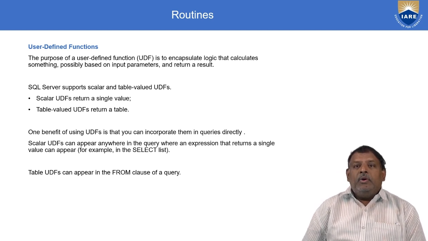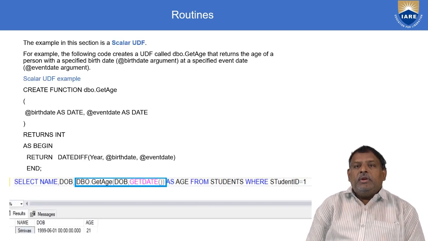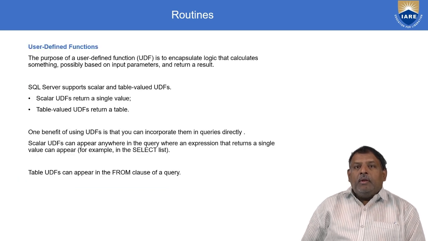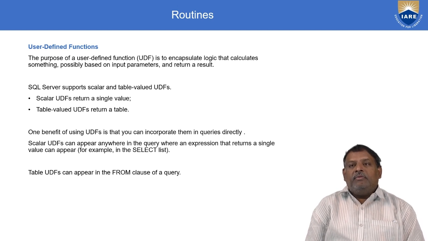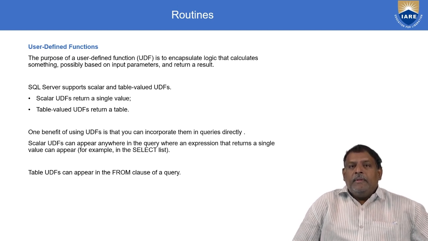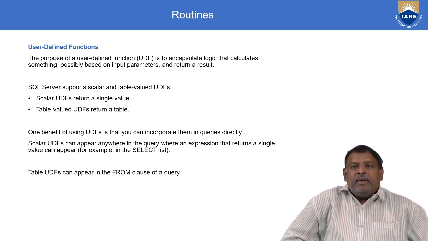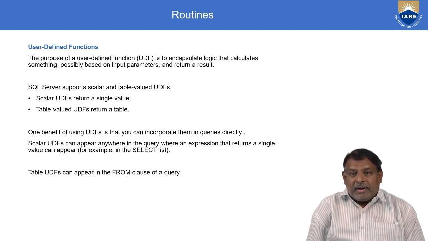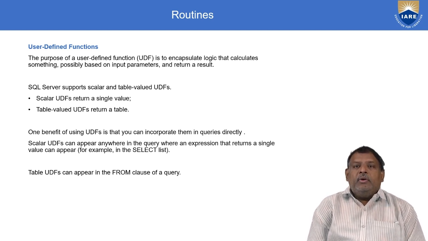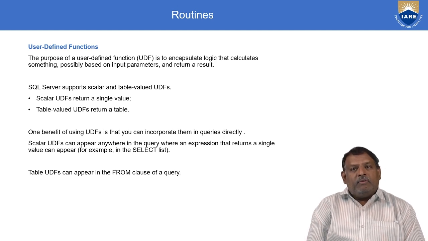The table valued UDF returns a table. One benefit of using UDFs is that you can incorporate them in queries directly. You can directly call these functions in your select queries. Scalar UDFs can appear anywhere in the query where an expression that returns a single value can appear.